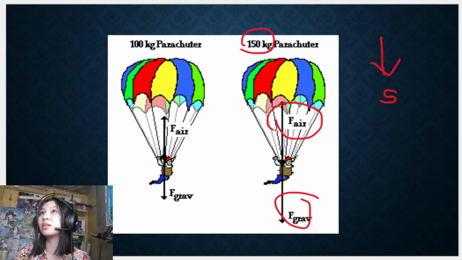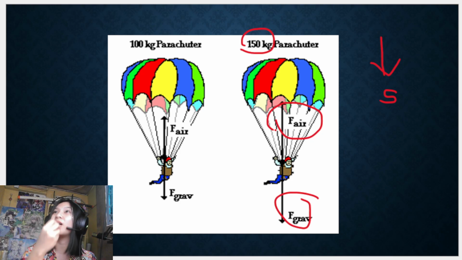Okay? So I hope that's clear. So with air resistance, the more massive the object is, the more it picks up speed, and the faster it will land.